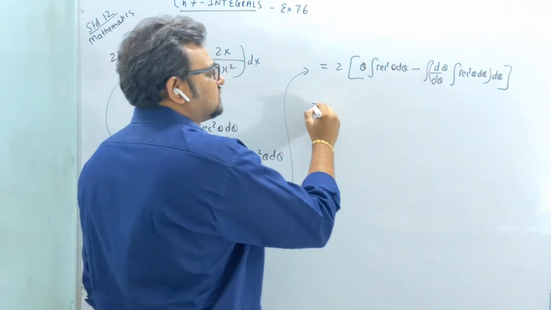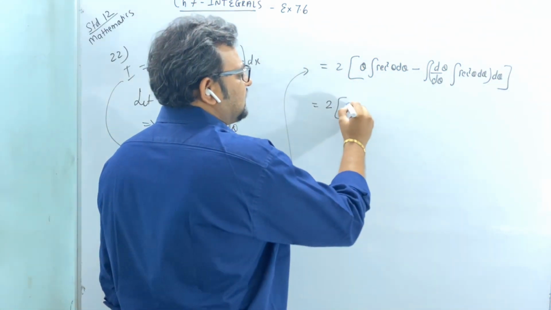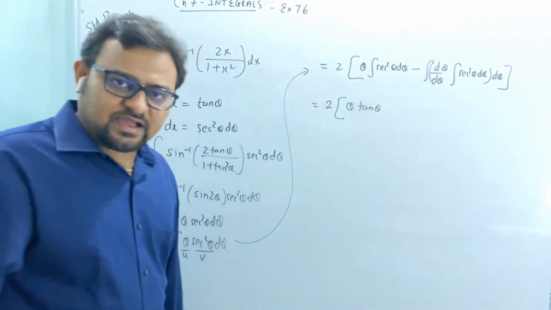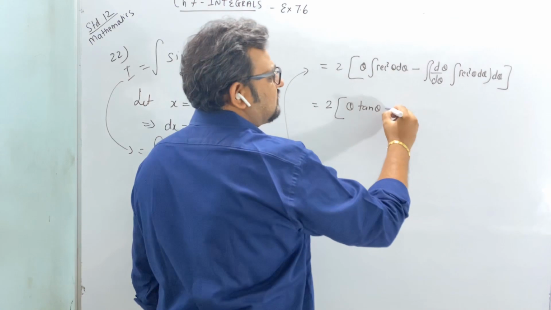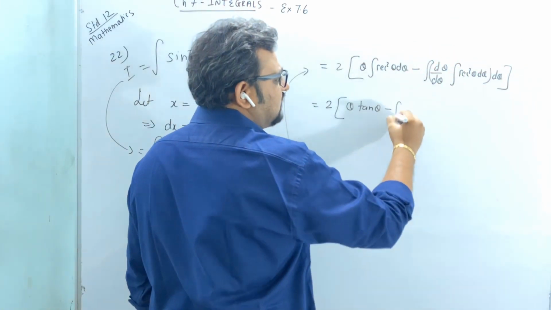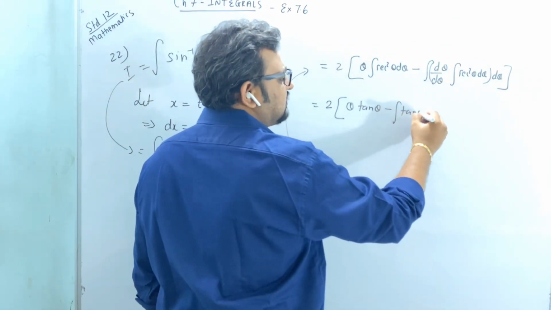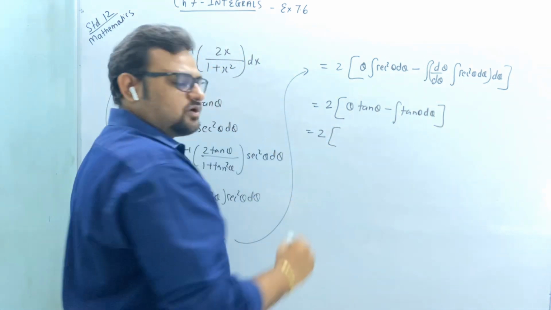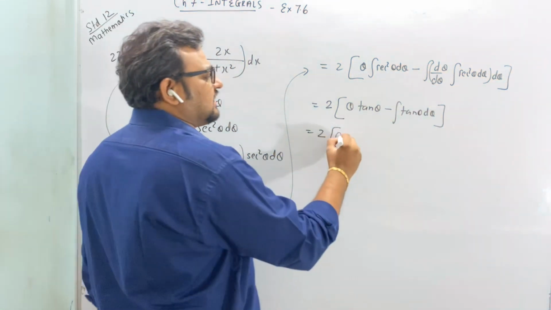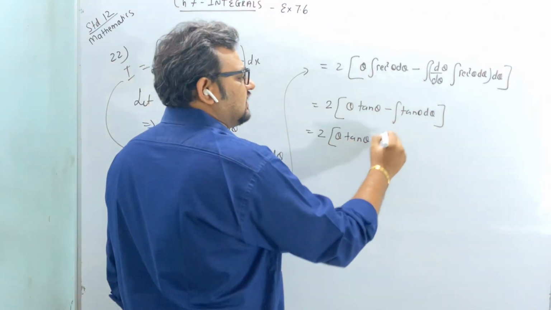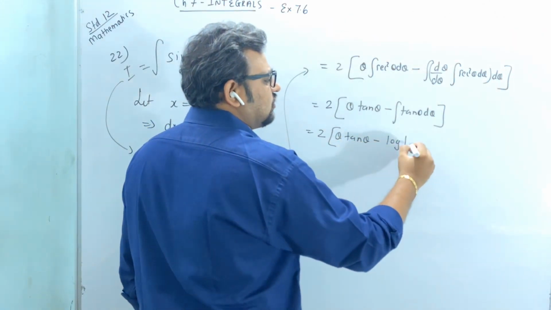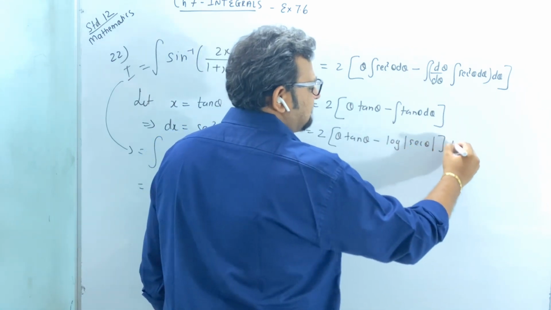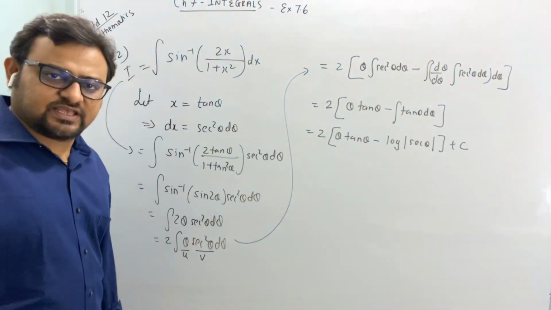Okay, so this will be equal to 2 theta as it is, integration of sec square theta, tan theta, minus derivative of theta with respect to theta, which is 1, sec square theta integration, tan theta d theta. So 2 theta tan theta minus integration of tan theta, log of sec theta, plus c.